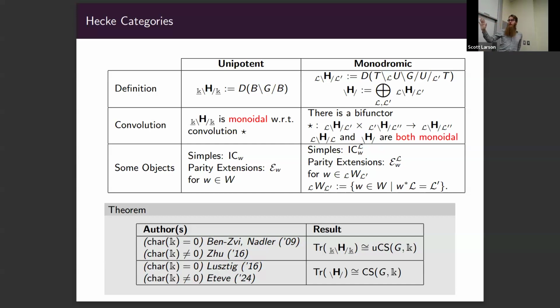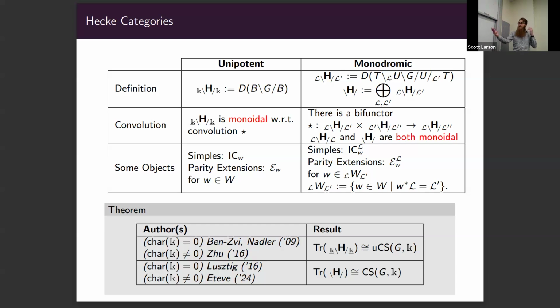So one reason for wanting to study these is that you can reduce studying character sheaves to just studying these Hecke categories. And there's a lot of nice things about these. One, we know there's a nice orbit stratification given by these Schubert varieties. They are all closed. I mean, they're not quite affine, but pretty close. They have easy descriptions of the simples and so on.